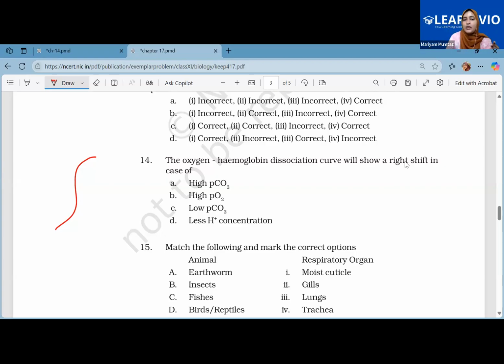So the curve will show a right shift in which condition? Right is when it will get dissociated, left is when it will get associated. So when it is going a right shift, what is it showing? High CO2 levels. Yes, high PCO2. Correct.